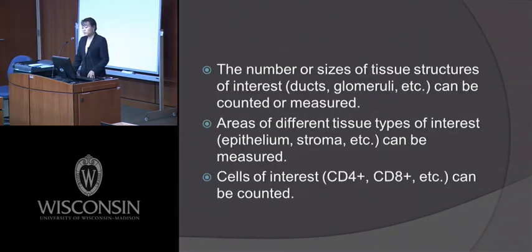The number or size of tissue structures of interest can be counted or measured. The area of different tissue types of interest can be measured. Cells of interest can be counted as well.